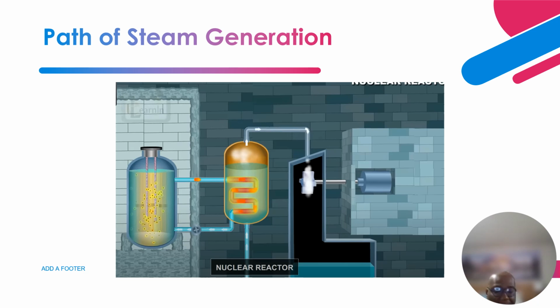This is another schematic. Remember, this is the reactor containment building, and you have fuel assemblies immersed in water that create a chain reaction that generates thermal energy. That thermal energy heats a closed loop of water, which creates steam.